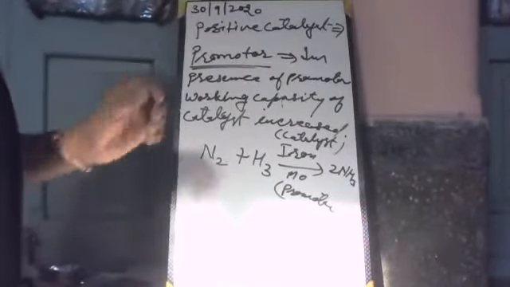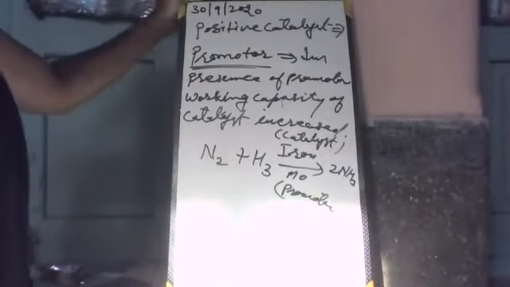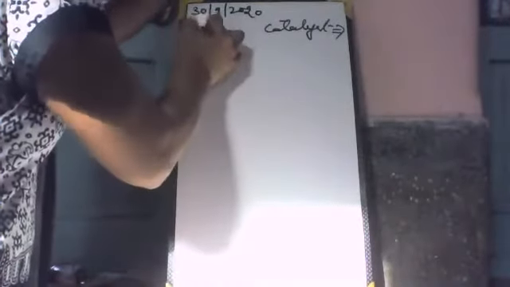Now the second type of catalyst is the negative catalyst. This type of catalyst decreases the rate of reaction; it retards the rate of reaction.